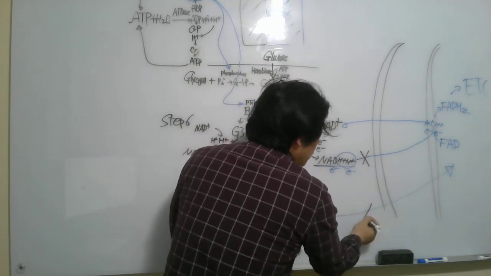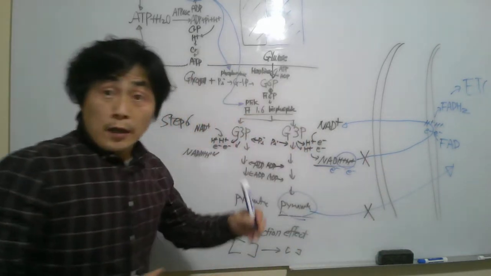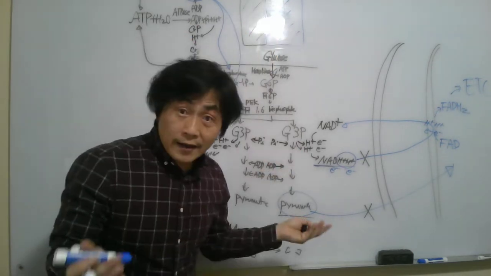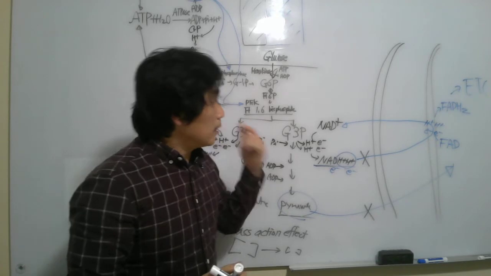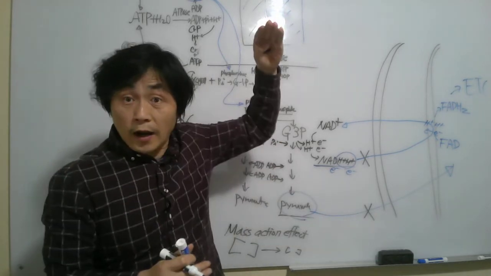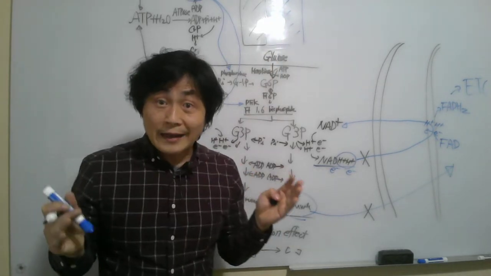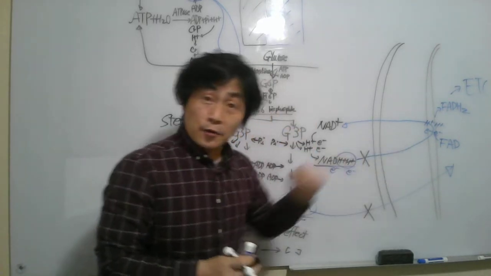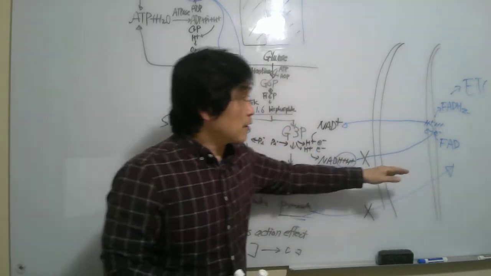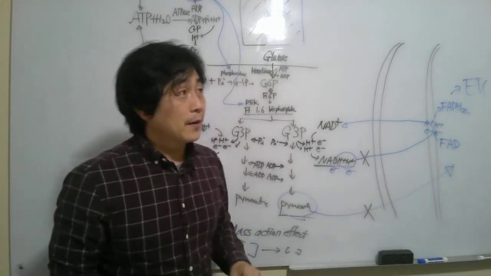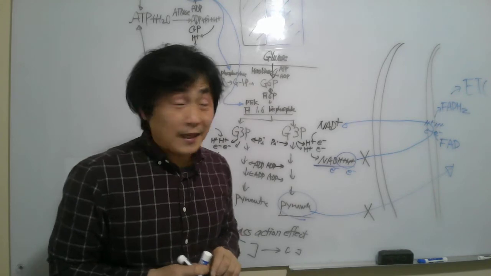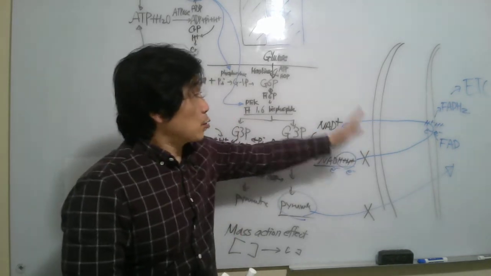Why? Sometimes exercise is too high, or some people are not trained, so they have fewer mitochondria, poorly functioning mitochondria, and small mitochondria. In that case, this pathway is blocked.